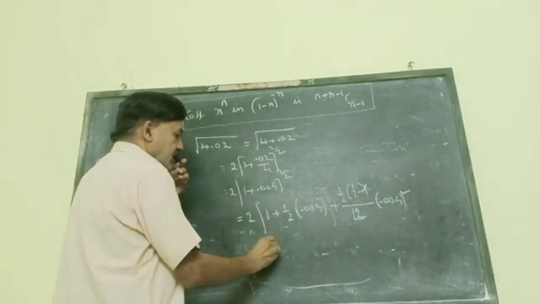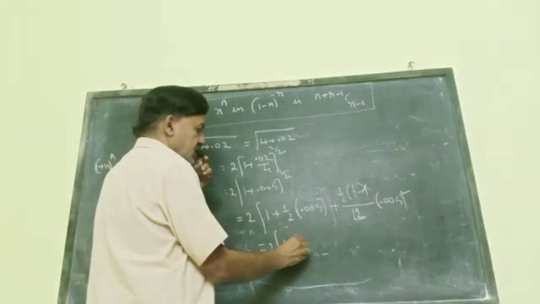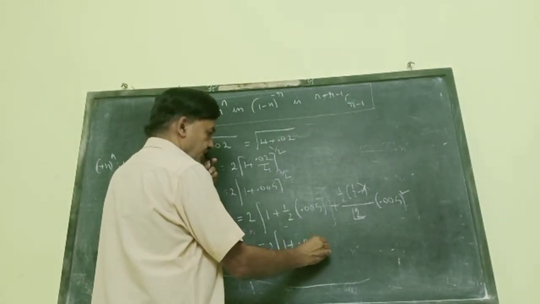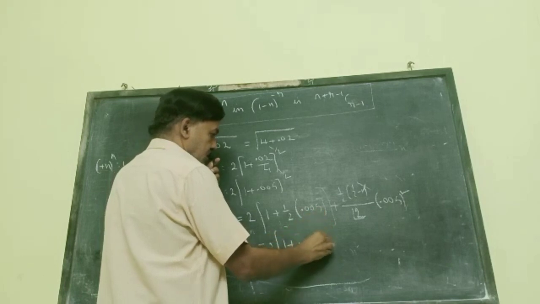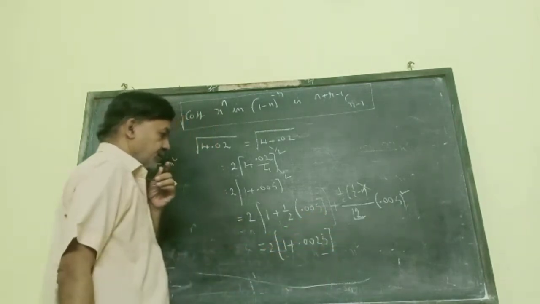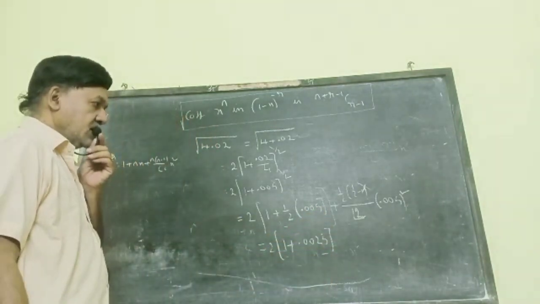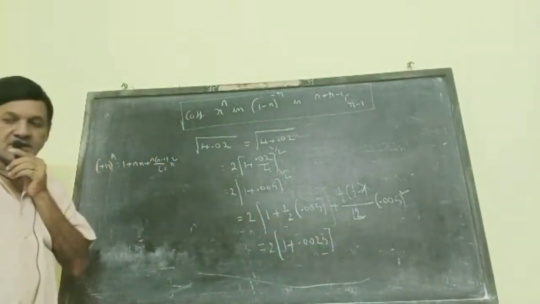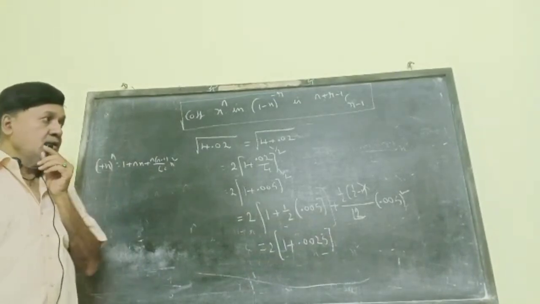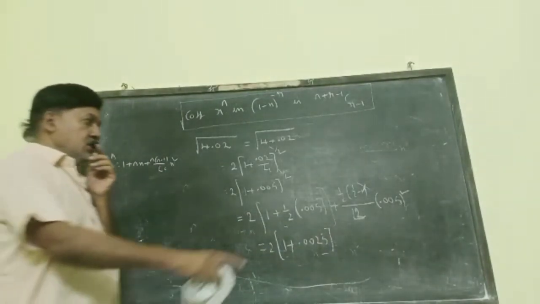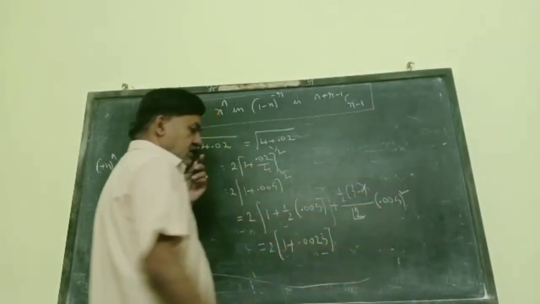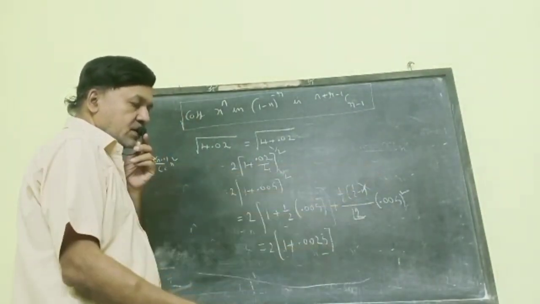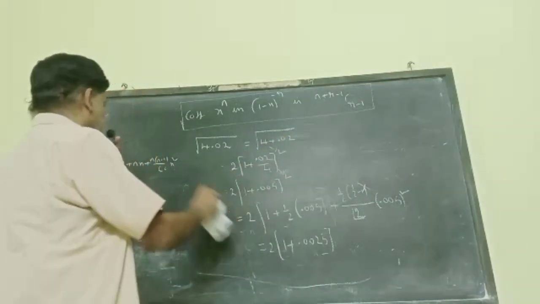So this will be 2 into (1 + 0.00125) like this. Okay, understood? So you can simplify this and you will get an approximation like this. Yes, understood? So whenever the decimals are more than 4, after the point if you get more than 4 digits, you can neglect it.